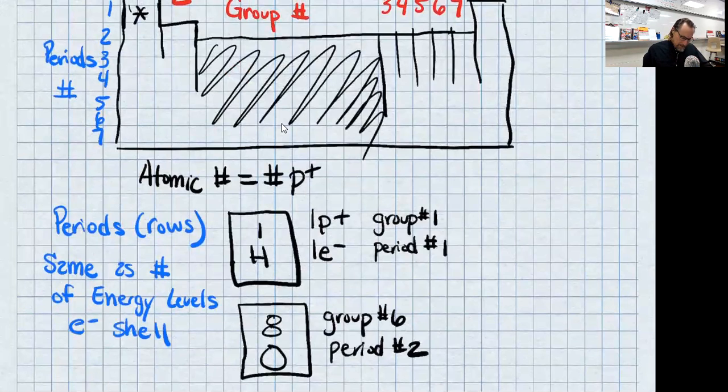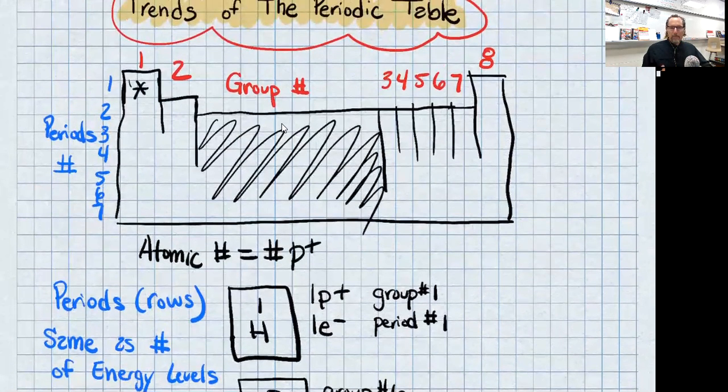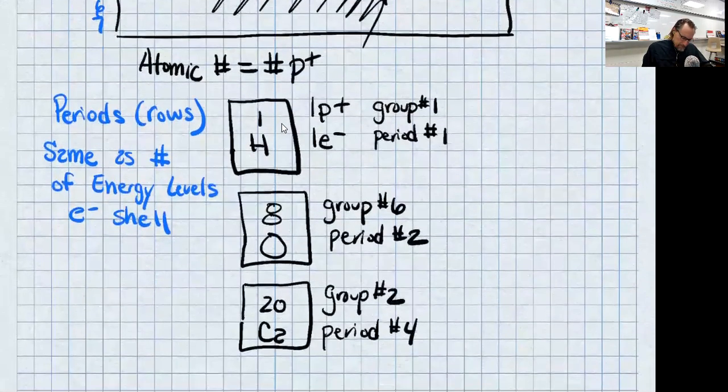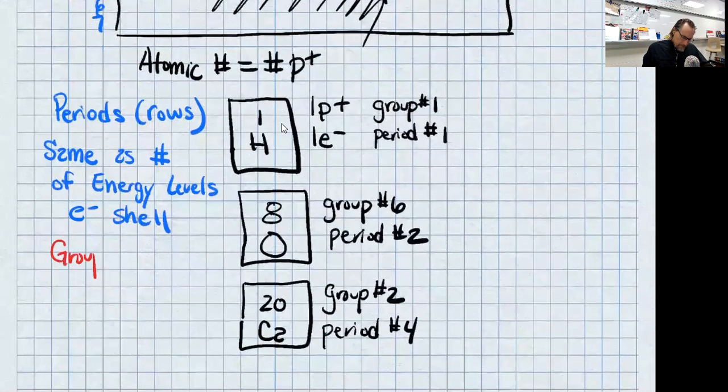Okay. More interestingly, when I look at the group number, which are the columns, is the same as the number of valence electrons.